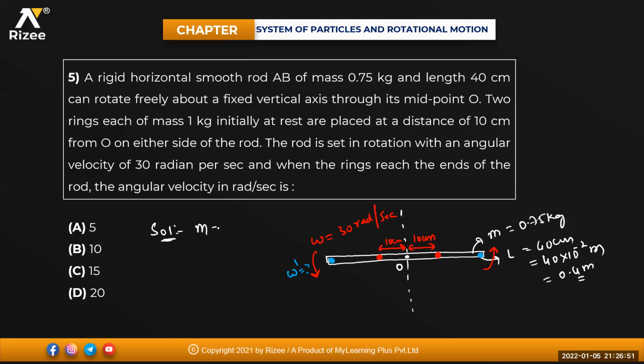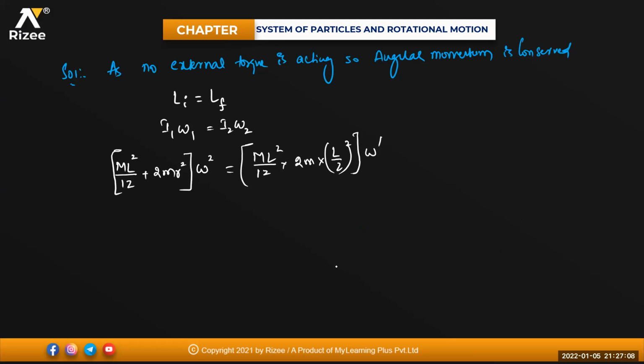So what is the given data in the problem, beta? Mass is given as 0.75 kg. Length is given as 0.4 meter. Freely rotates about an axis O. And the mass of the ring, this is your capital M, beta, and small m equals 1 kg. That means capital M equals 0.75 into 0.4 whole square divided by 12 plus 2 into mass 1 into distance 0.1 whole square, into initial angular velocity 30.